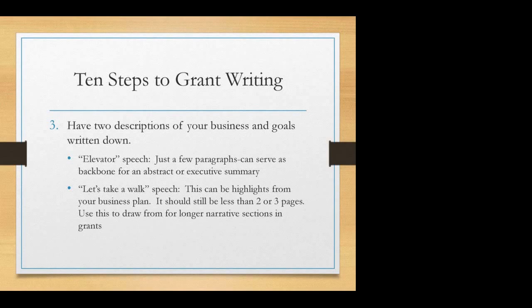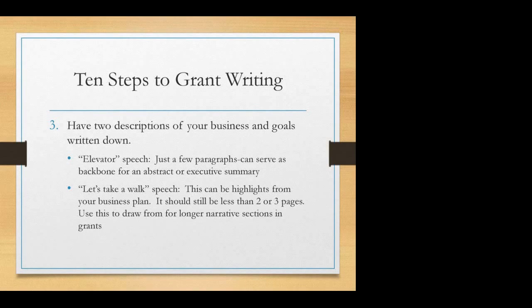Realize that you're going to write this down, but this can be highlights from your business plan. If you have your business plan already, it could be the beginnings of a business plan. It should be less than two or three pages, I would think, because you aren't going to have a really long walk. It's going to be a quick walk. You want to use this to draw from for longer narrative sections in grants.